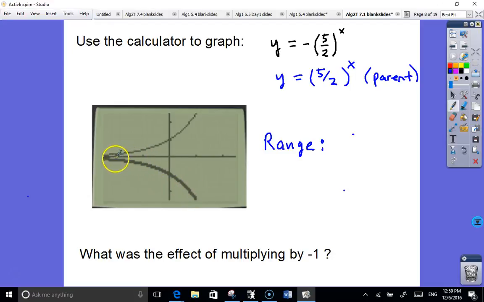It's approaching, but it's approaching from underneath. It's still never going to equal y equals 0. So we have to say y is less than 0. You can see the y-intercept was 1 before, now it's -1.